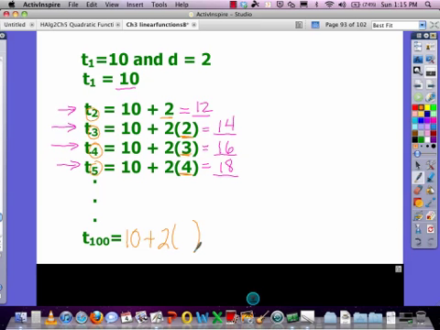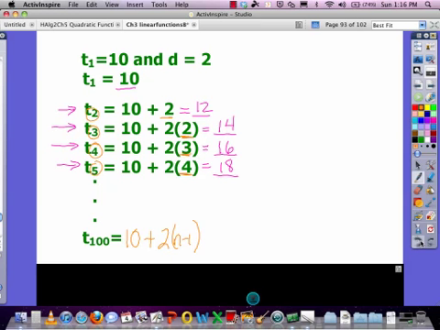So we want to say n is our number, minus 1. n is our counter, our index, we like to say, subscript some people call it, so n minus 1, and then times that constant difference, we put a 2 right there.